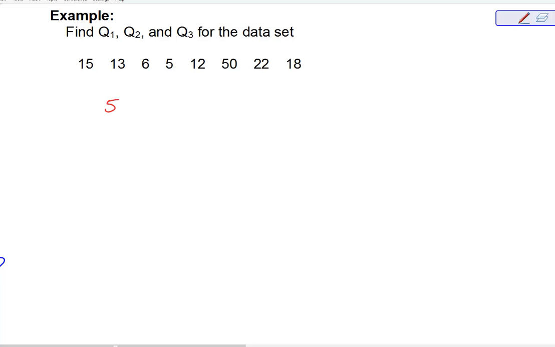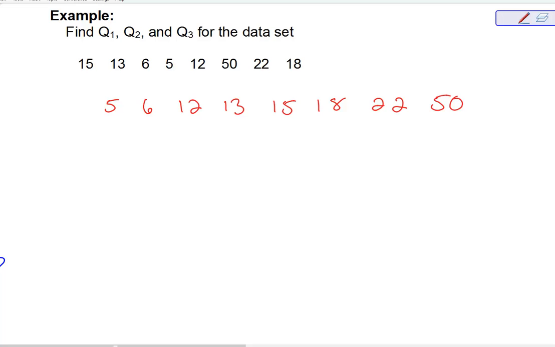So we have 5, 6, 12, 13, 15, 18, 22, and 50. Very important. Make sure you put them in order from least to greatest.